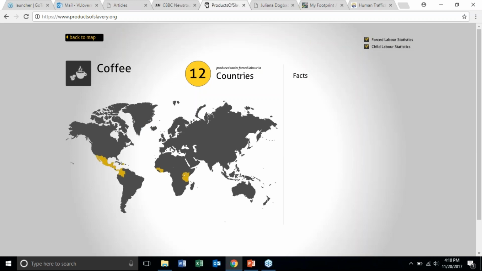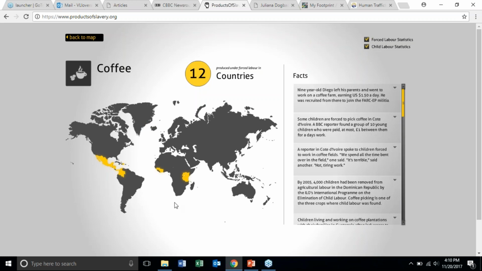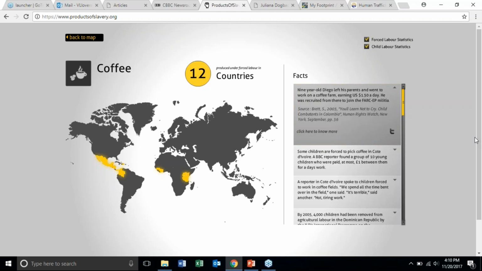So I'll look at coffee, and then I'm going to see all the different countries that produce this for the US, right? 12 different countries. And then there are little stories on here, different kinds of information that you can read with your students, or you can initiate different conversation classes with them.